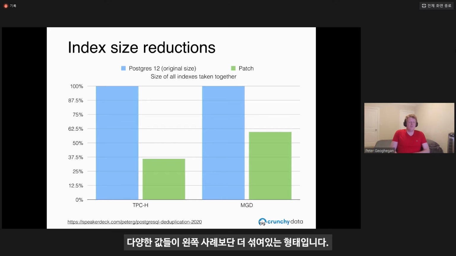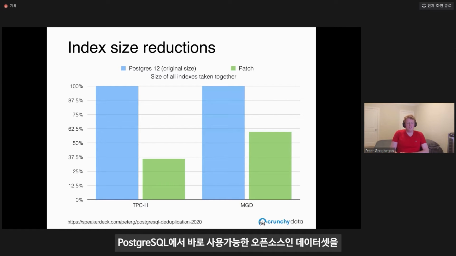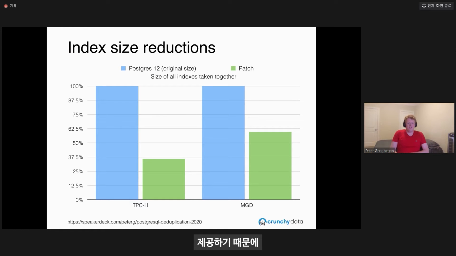And this is more mixed. I use this example purely because it was available. And so this can be verified easily. It just so happens that there is an open source data set that was available that was specifically PostgreSQL, that specifically used these indexes. So I decided to, for no other reason than that, use this example.